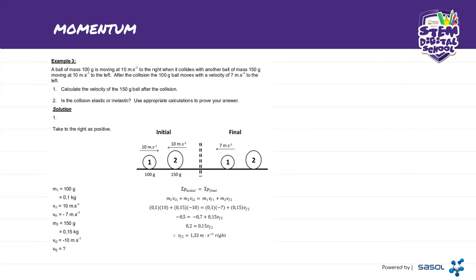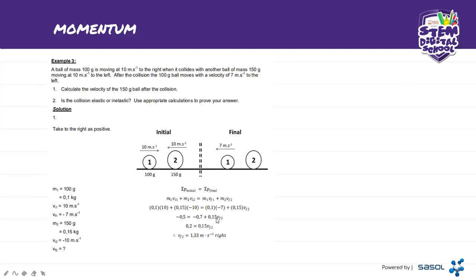Okay. So using this as reference, if like here we said, take the right as positive, if your answer is positive, then we're going to say to the right. But if your answer is negative, then it means that we're going to say to your left. Please always bear in mind those kinds of tricks.